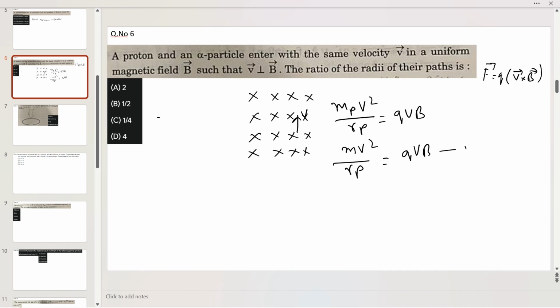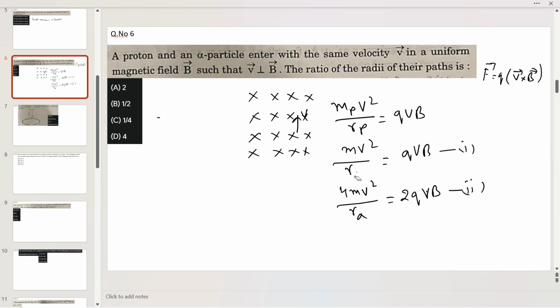This is equation 1. And now for the alpha particle, its mass will be 4m, so 4 m v square by r alpha, and it has 2 protons, so 2 charges, so this will be 2 q vb.